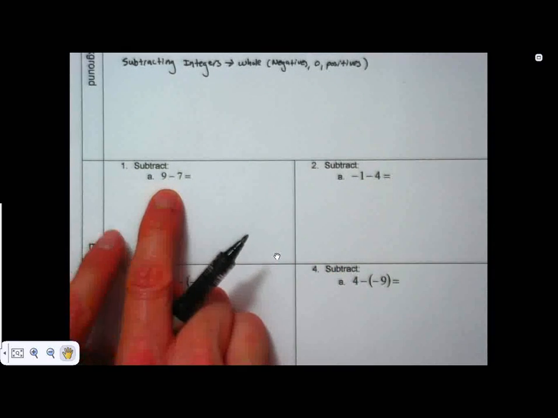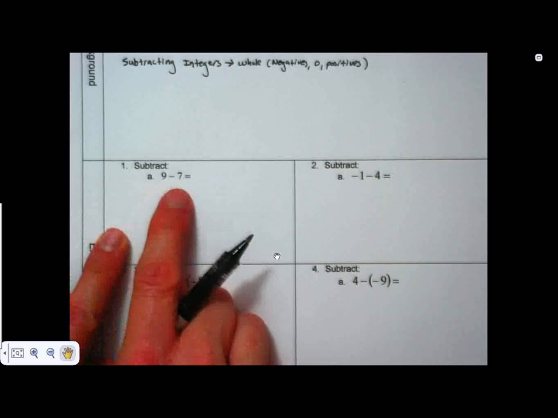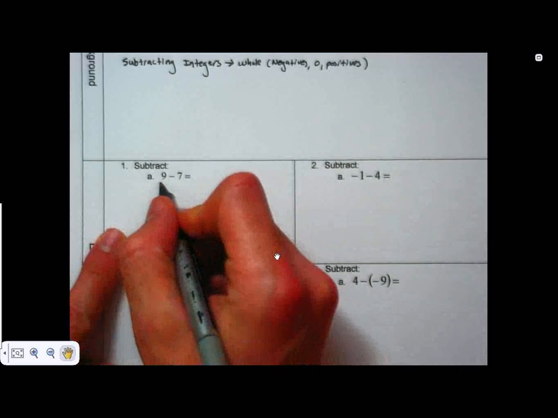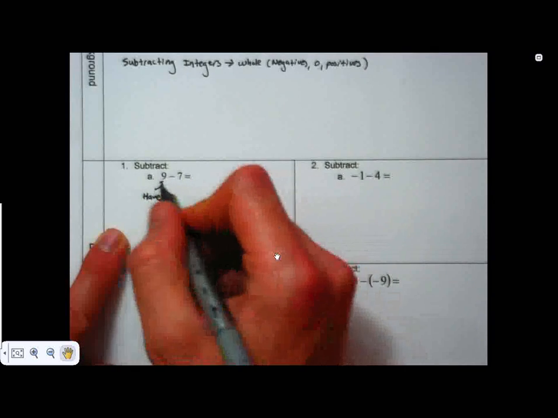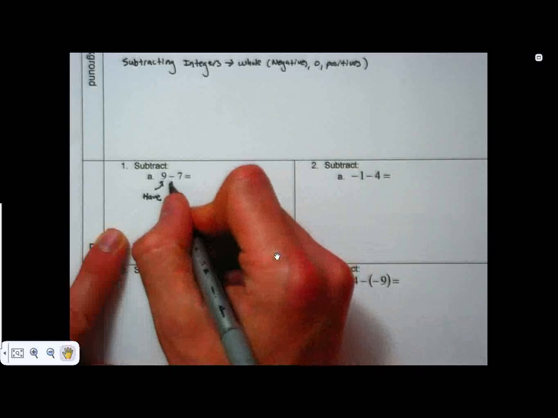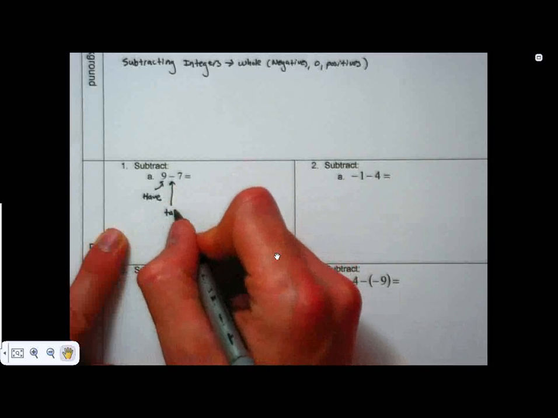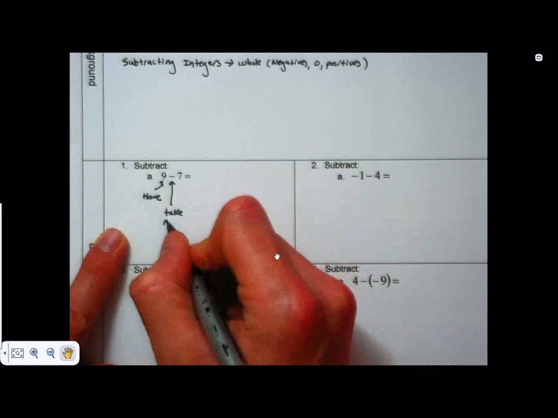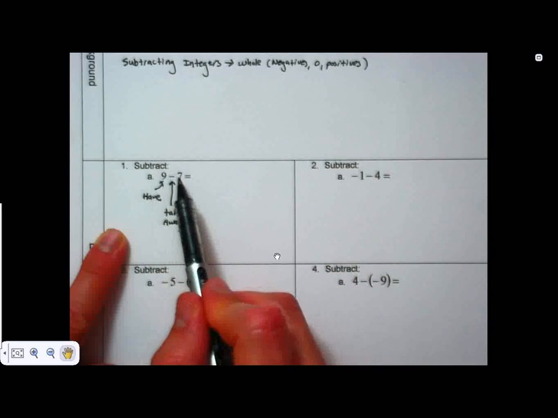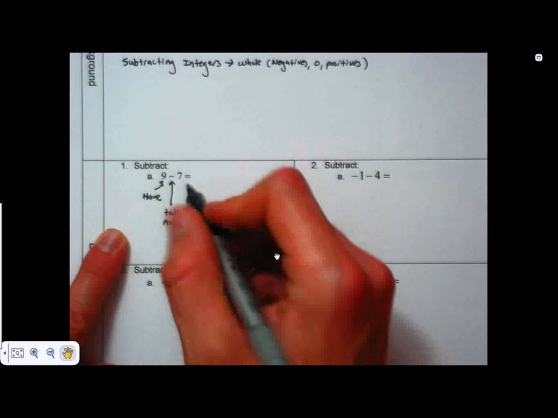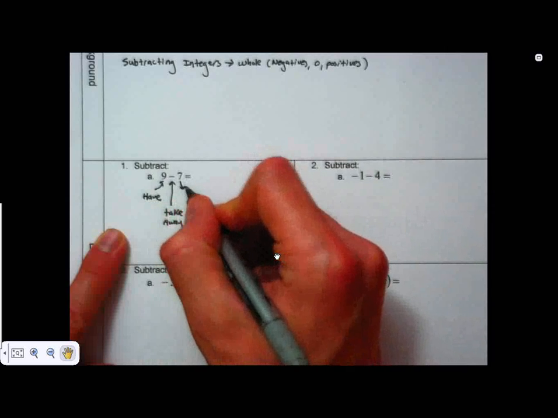In the first situation, we have positive 9 minus 7. Positives, for me, represent how much money I have. So in this case, I have $9. The subtraction sign means take away. So somebody's taking away 7, they're taking away $7 of what I have.